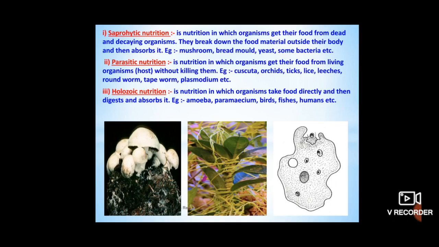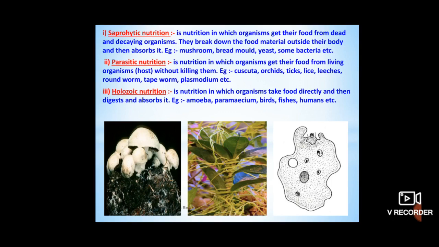Here, the food is obtained with the help of a host. For example, cuscuta, orchid, lice, leech, roundworm, tapeworm, and plasmodium. These all come under the parasitic mode of nutrition.